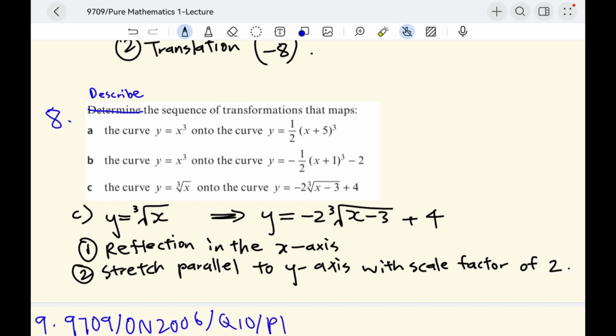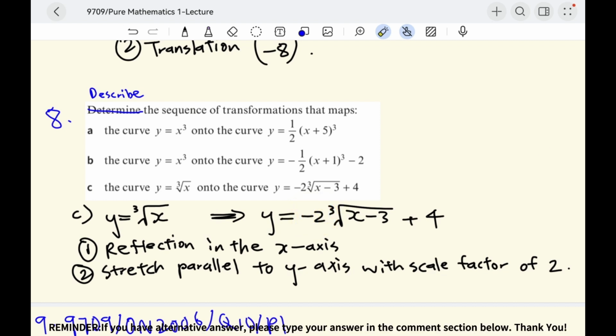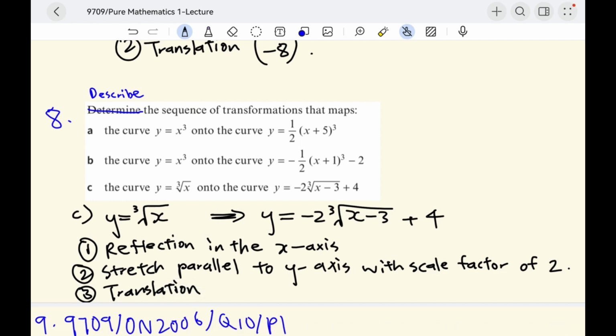So you have the reflection, you have the stretching, and finally you have translation. So you can write the third transformation in the sequence as the translation (3, 4). There you go, here is my suggested answer following these transformations.